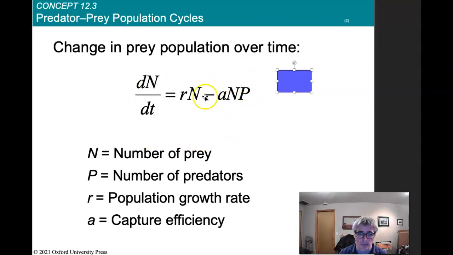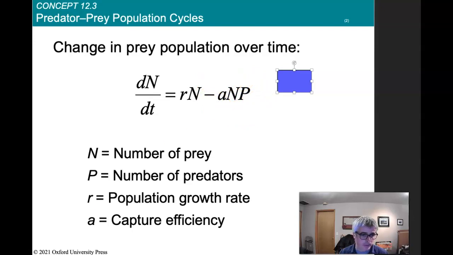So we've got the growth rate of the prey minus this predation term. You can think of this whole thing as just a predation term: number of prey times predators times capture efficiency, the likelihood that you're going to be removed. So this is the overall rate of prey removal.